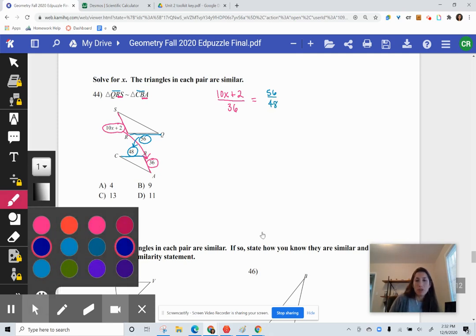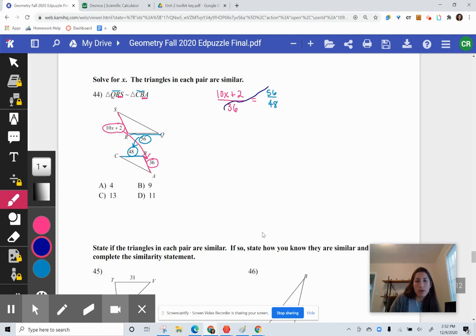Okay, so then we just have to multiply our cross products and solve for our variable. So we have one cross product here and our other cross product here. Now I typically will tend to multiply one term into the two terms first, just because I like the variable on the left side. And then we've got 36 multiplied with 56 in either order. Now we can distribute. So we got 48 times 10, that is 480x.